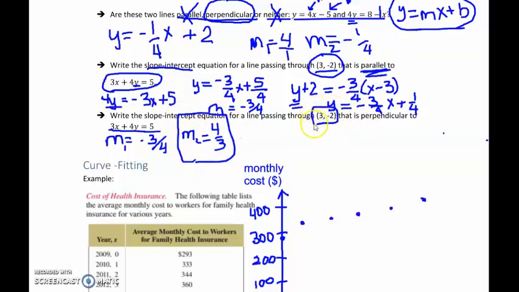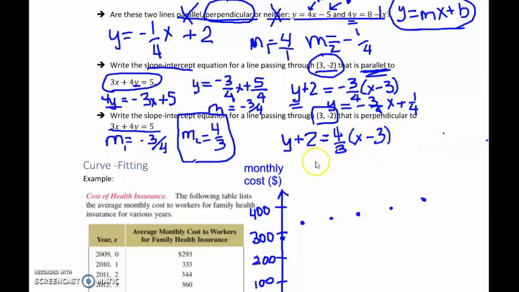Once we have that slope, this is the slope of the line we're looking for. This is a point on the line. Once again, just like we did here, we're going to plug it into the point-slope formula. We have the same point, so y plus 2 equals, but we have a different slope, 4/3 times (x minus 3). Okay, simplifying, distributing, and then subtracting the two.